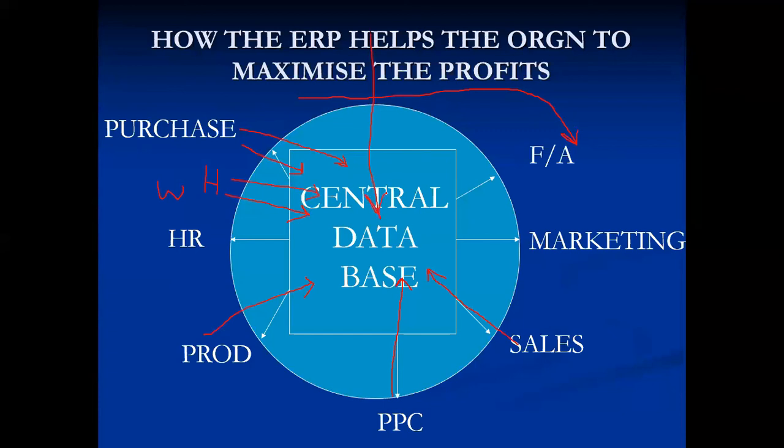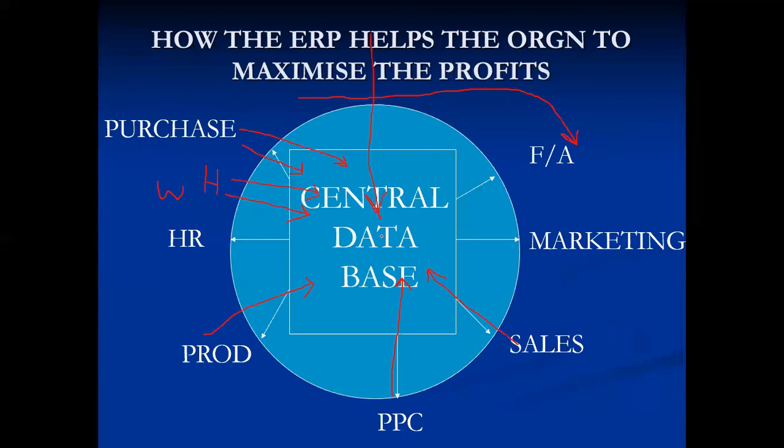Because whenever the purchase invoice is entered by the purchase clerk into the common database, the ERP system will update all the relevant information like the inventory balance of respective materials, account balances of vendors, and the total amount of purchases of the material. Like that, every relevant information is automatically updated by the ERP system.